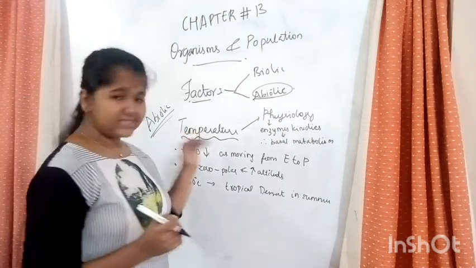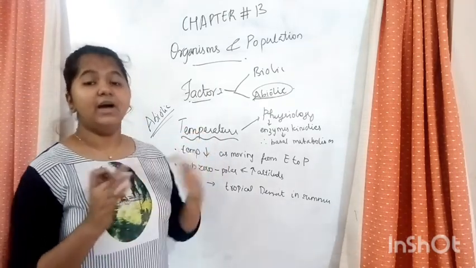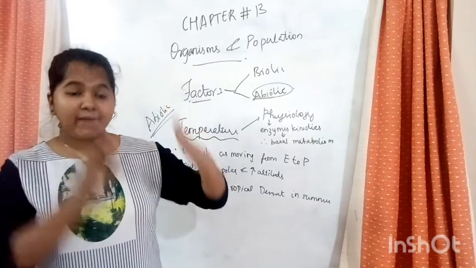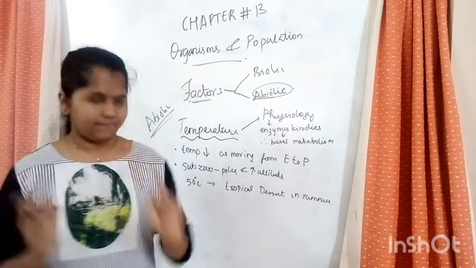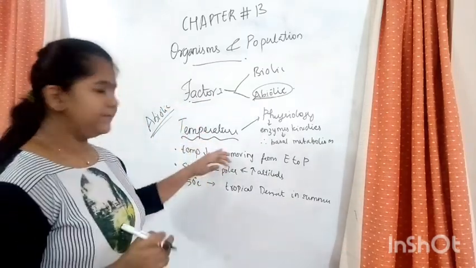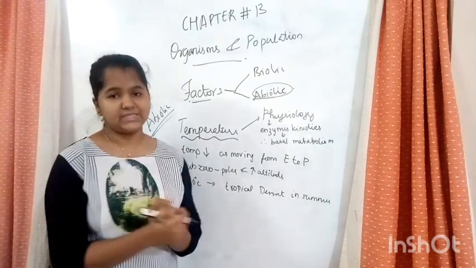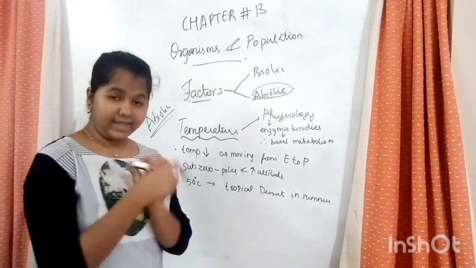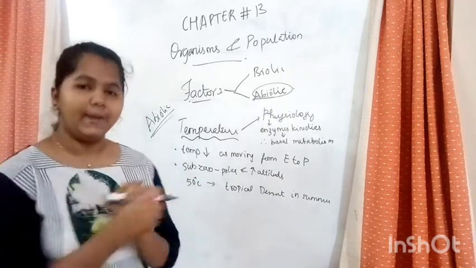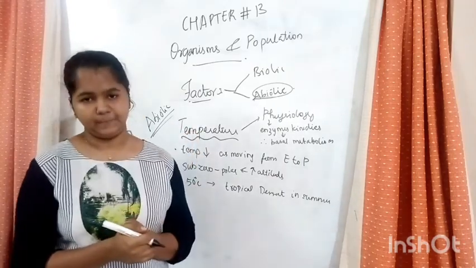So temperature is the amount of heat or coldness. As we all know, temperature is very important. We use heaters when it's cold, and we use ACs when it's hot, to adjust the temperature.